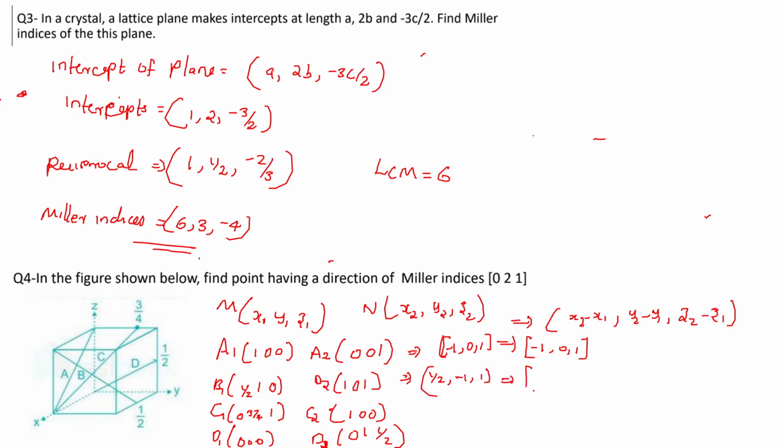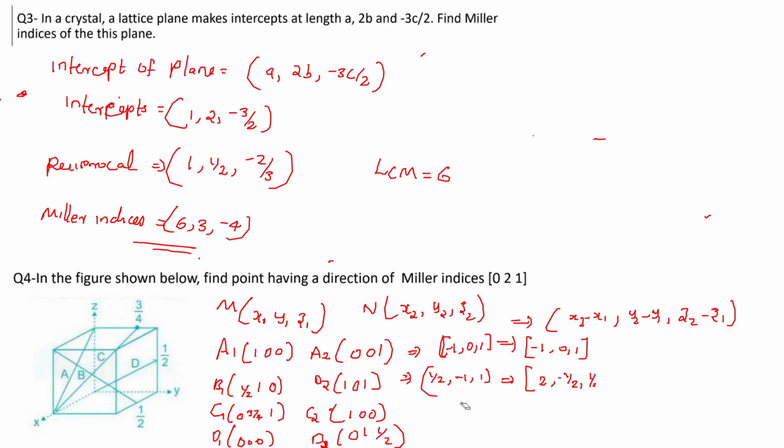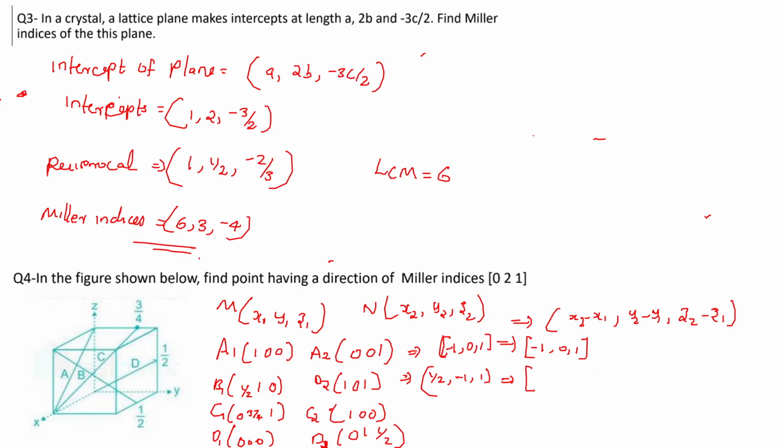So the Miller indices will be 2, minus 1 over 2, 1 over 2. It will be, sorry, 1, minus 2, 2.